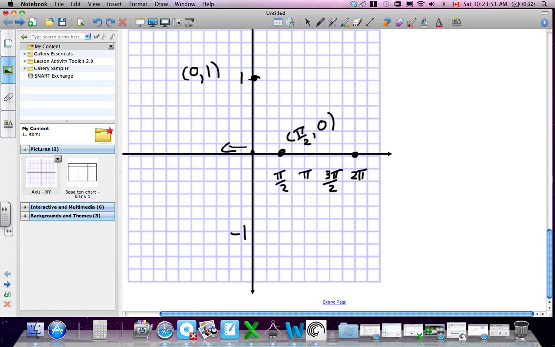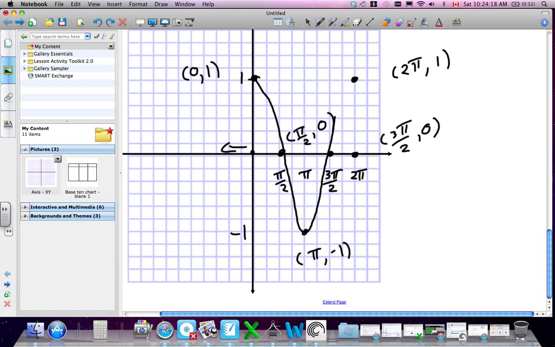We have another point at pi, negative 1. Another point at 3 pi over 2, and 0 again. And finally, the last point we have at 2 pi and positive 1. So let's quickly draw our cos wave. So we've drawn our cos wave.